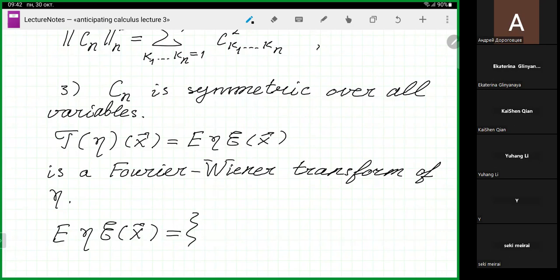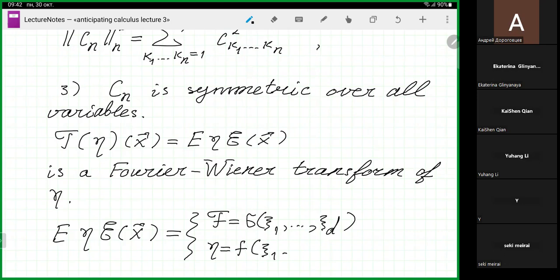Let me recall that now F is the sigma field of xi 1 to xi d. So one can check that eta has a representation like f of xi 1 to xi d. This is a theorem from a course of probability theory.